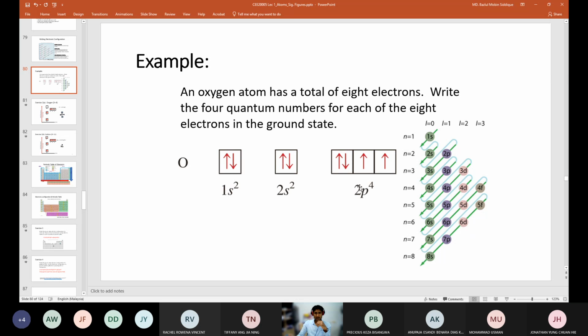This is the way we fill it up: in every sub-level, every orbital, there will be a maximum of 2 electrons, according to Pauli's exclusion principle, and both electrons should have opposite spin, right? If one is rotating clockwise, the other should be counterclockwise.